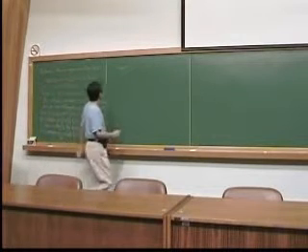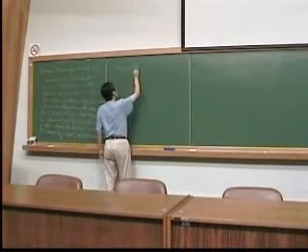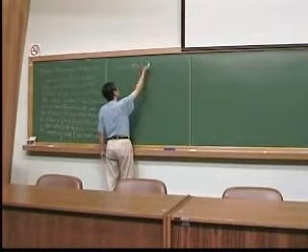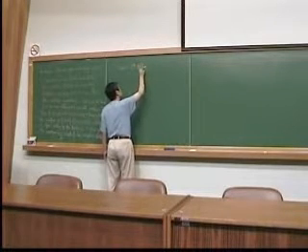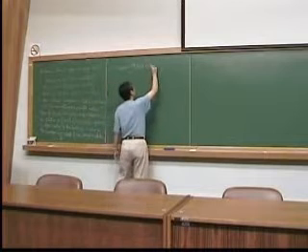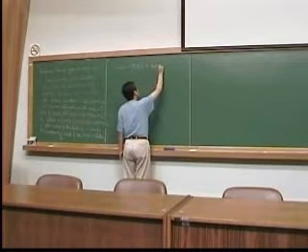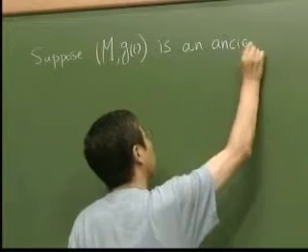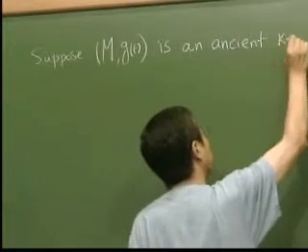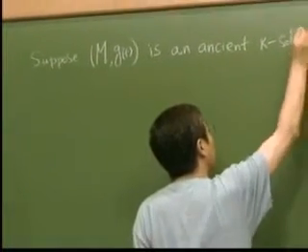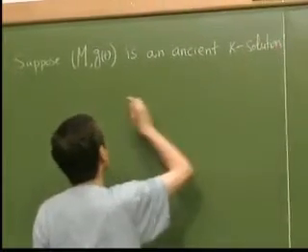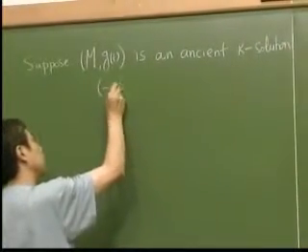Suppose (M, g) is an ancient kappa solution, where kappa is some positive constant.